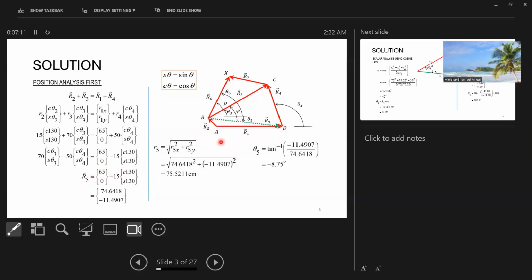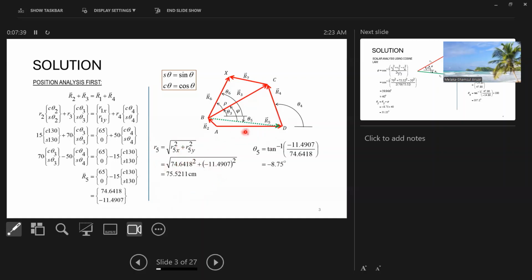So in this case, we are going to call this R5, big R with a small subscript 5. Then just plug in the numbers and get 74.64 and negative 11.49. That makes sense: 74 to the right and then down by 11.49.